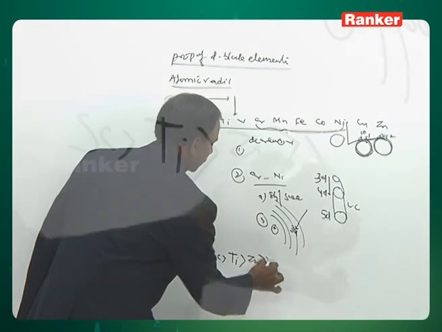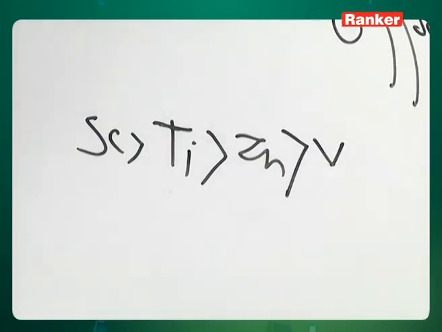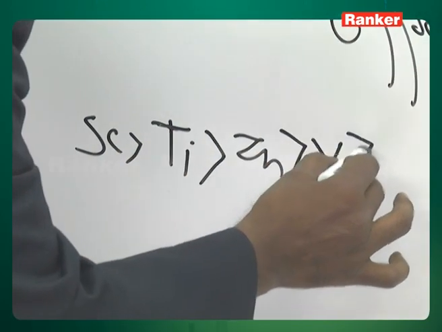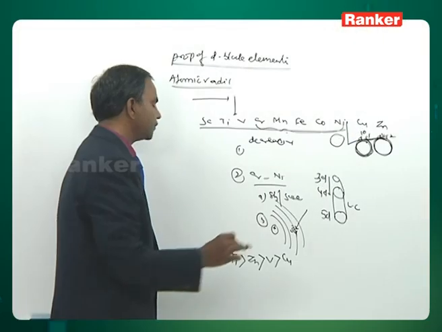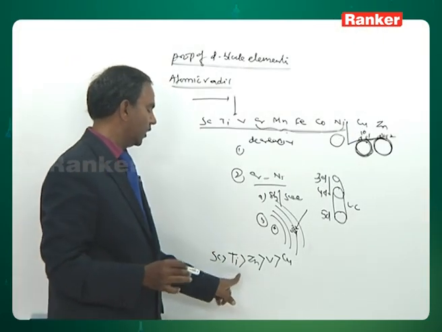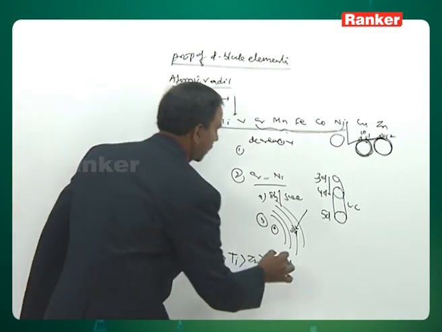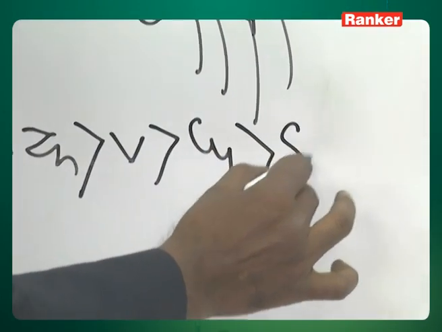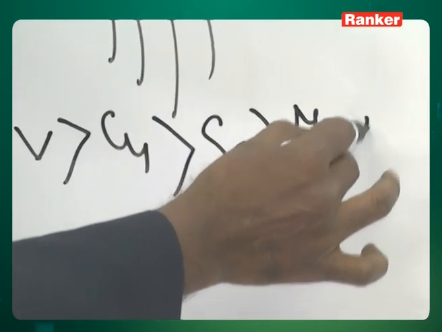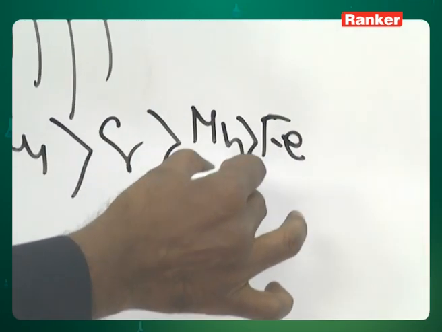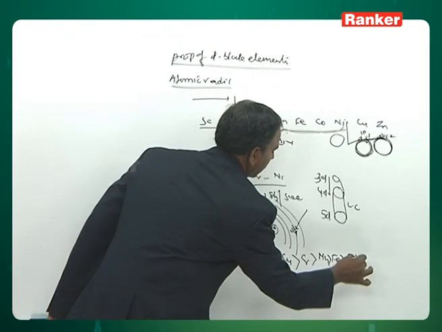After zinc, you get vanadium. After vanadium, you get copper. So scandium is bigger than titanium, titanium is bigger than zinc, zinc is bigger than vanadium, vanadium is bigger than copper, and the remaining follow the common trend: chromium, manganese, iron, cobalt, nickel.